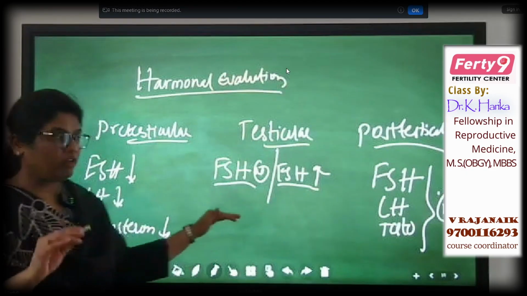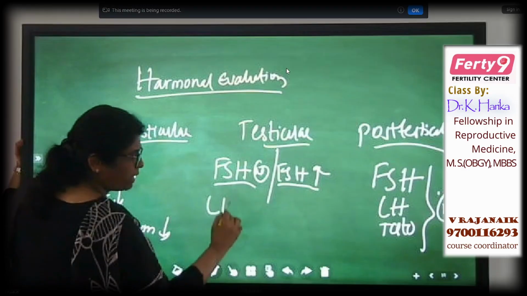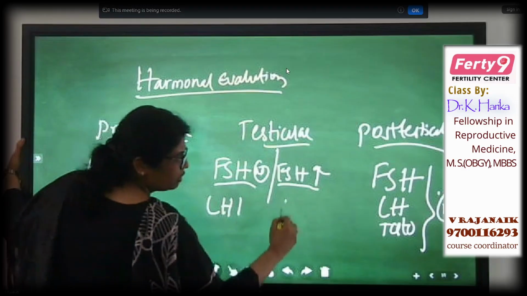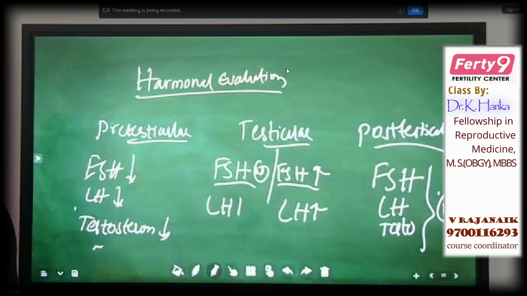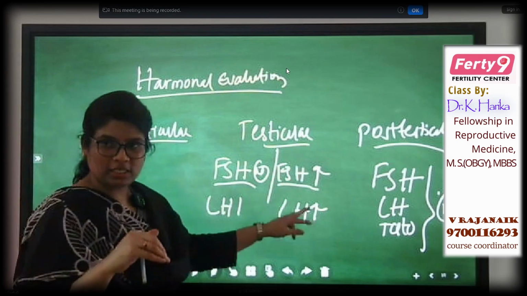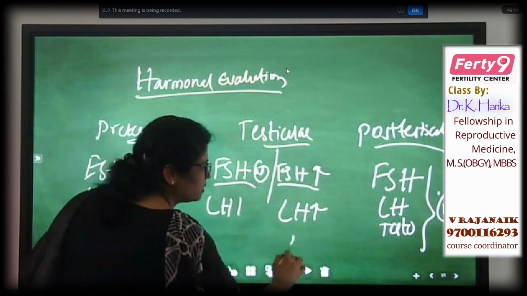In primary testicular failure, in a few cases, LH might be increased, because if there is any testicular destruction, there will be a decrease in the concentration of Sertoli and Leydig cells. So FSH is increased, LH is increased, and testosterone will be decreased.